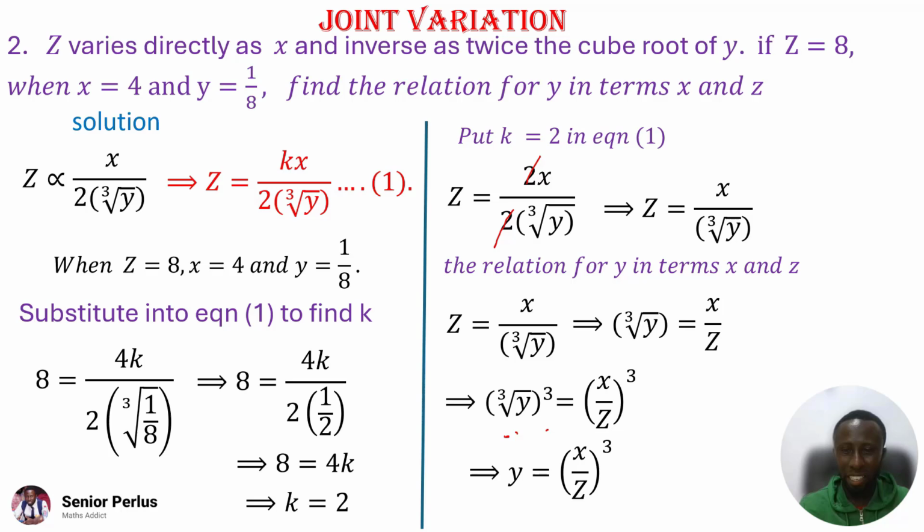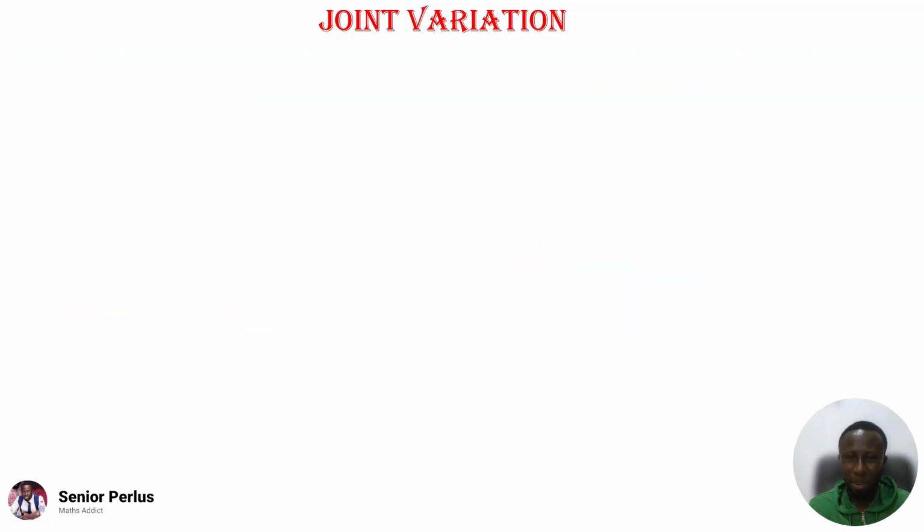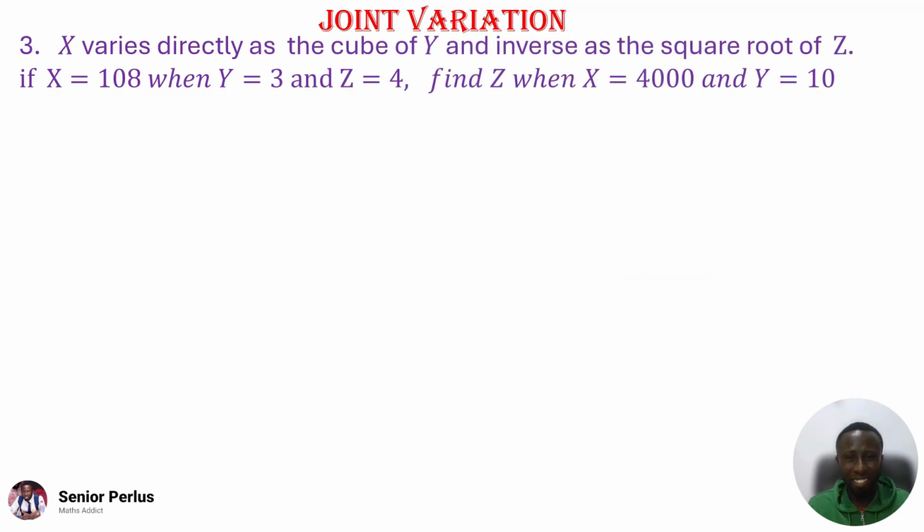Let's move on to our third example under joint variation. Solution. S varies directly as the cube of y and inversely as the square root of z. Let's see this expression.